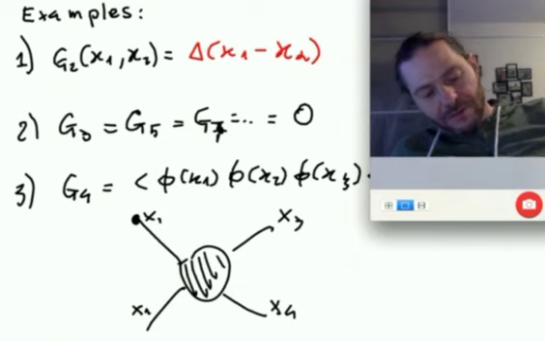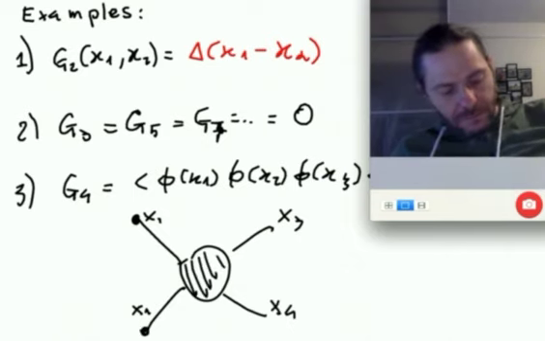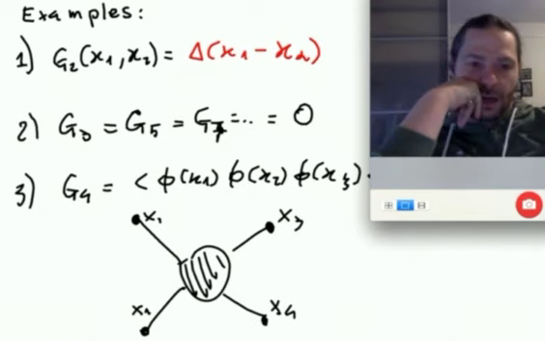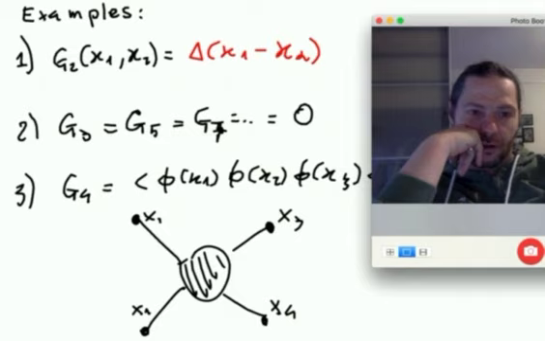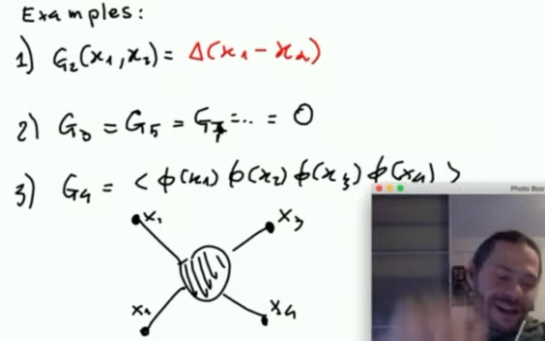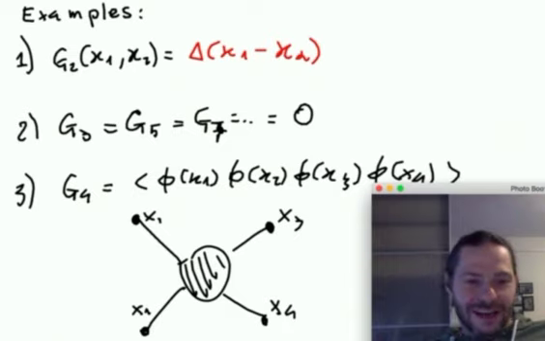Remember, there's an x4 in here. So suppose we want to evaluate this. Then again, it's a bit boring, and it's the last one we do, I promise, but I think it will make the point clear.